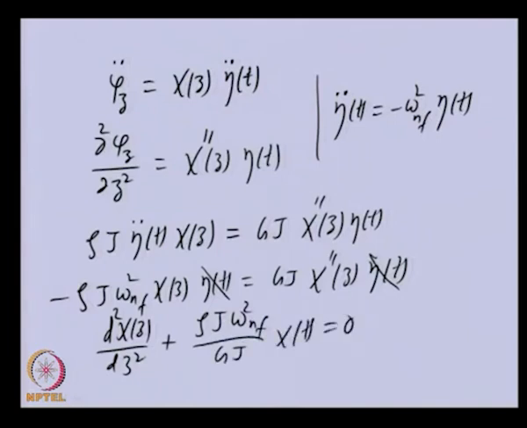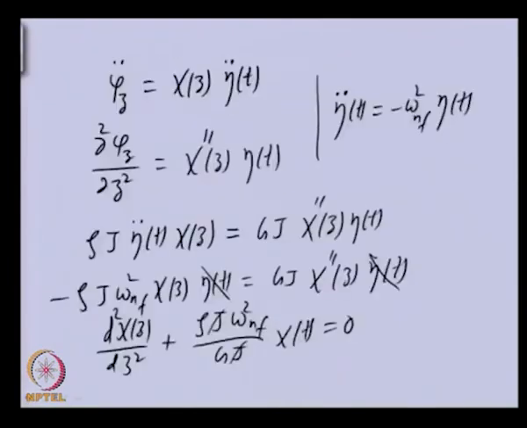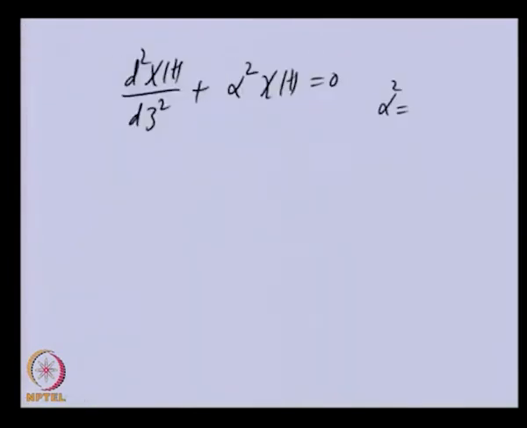And here this j will also get cancelled, and this we can write as chi t by that square plus, I am calling that constant alpha square, chi t is equal to 0, where alpha square is rho omega square n f by capital G. G is the modulus of rigidity.